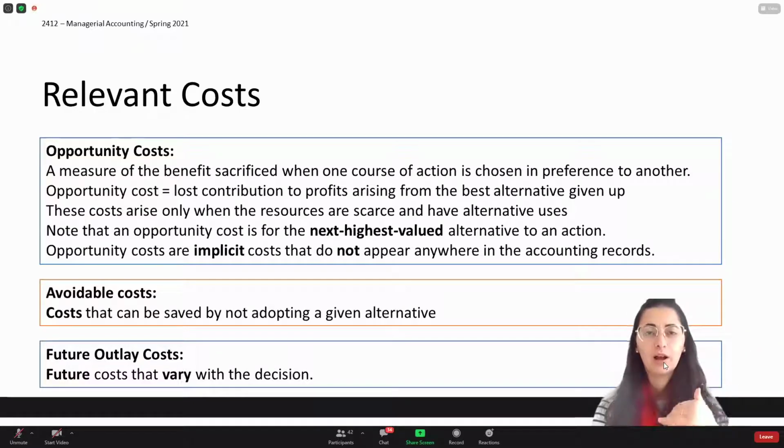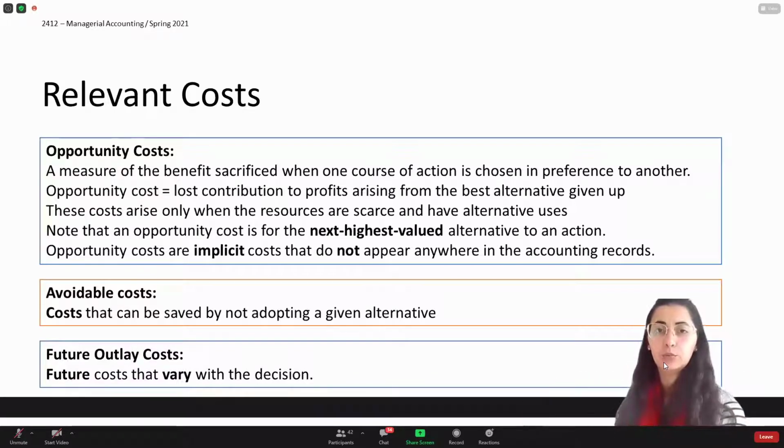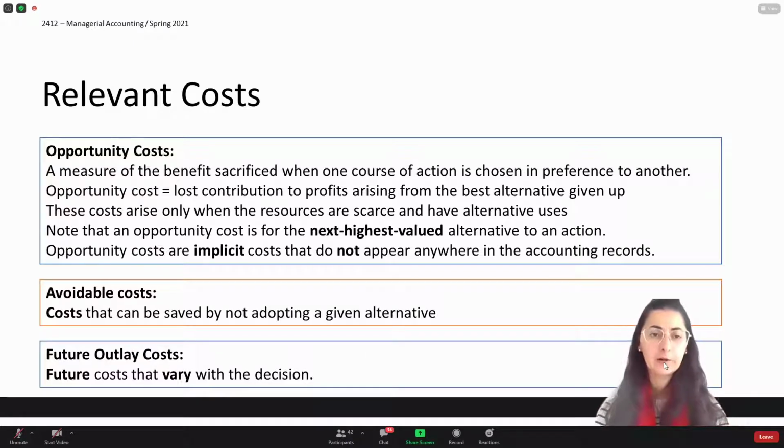So when I do the calculations, I need to include the costs of the delivery services. And if I sell product B, I can deliver it myself. It does not require any special delivery methods, so I don't incur these costs. So these are future outlay costs examples.